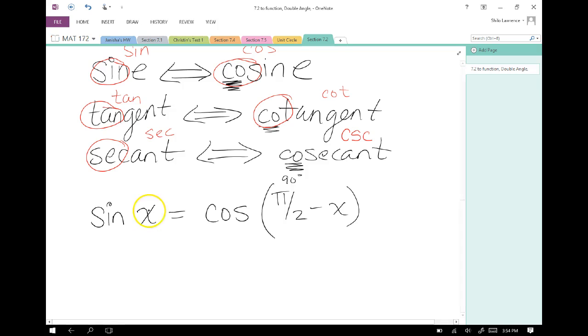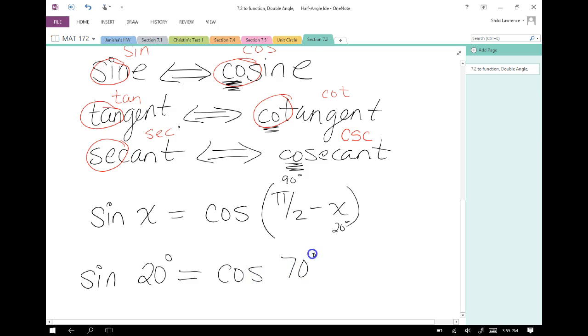So the way that this works, I said if the angles add up to 90 or pi over 2, then the trig functions would be the same. So the sine of 20 degrees is the same thing as, well, if I put 20 in right here, 90 minus 20 is 70. Sine of 20 is the same as cosine of 70. Those two values are exactly the same. And you could check it on your calculators, just make sure you're in degree mode.